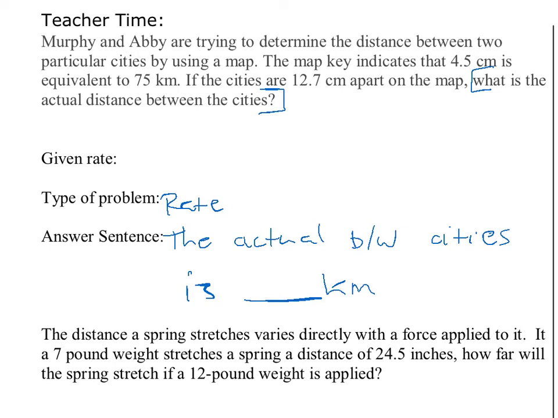Read it for me, please. The given rate is 12.7. So remember that rates have to be a relationship between two different things. So 12 centimeters would be a singular thing. So for that to be part of our rate, we would need to find a clear link between that and something else in this problem.